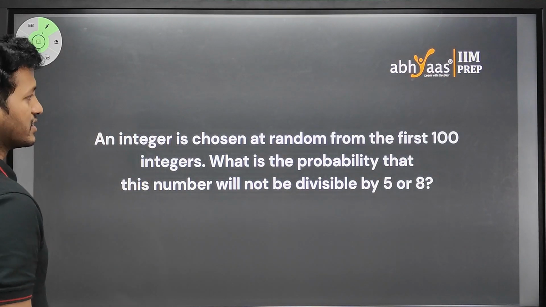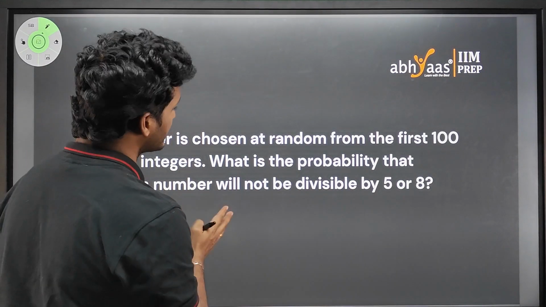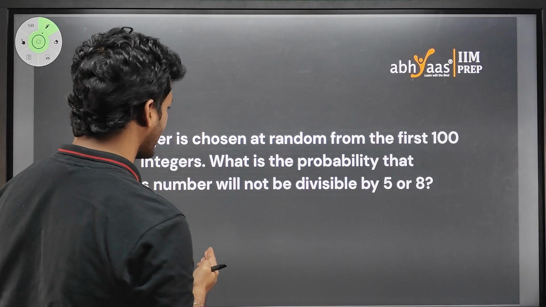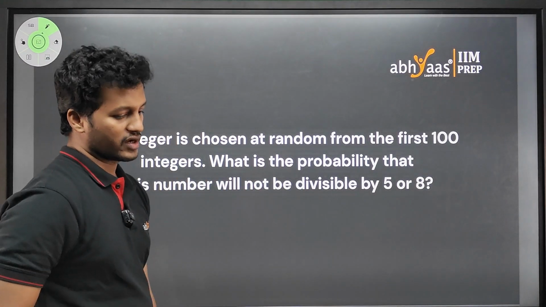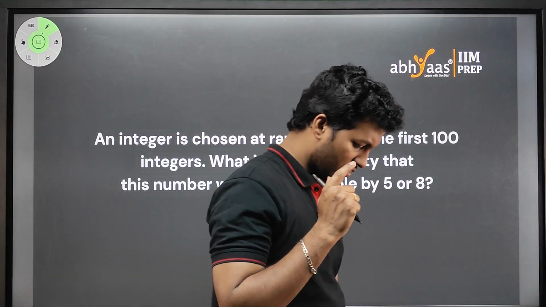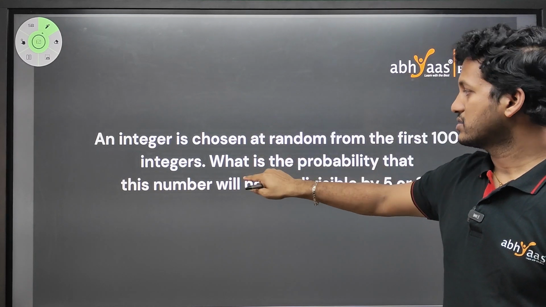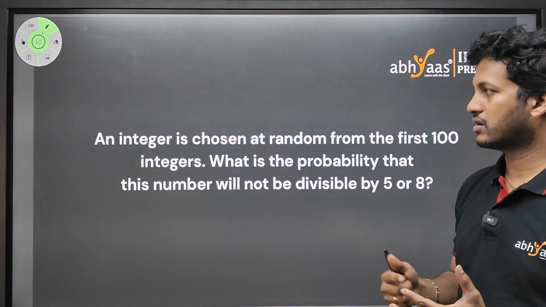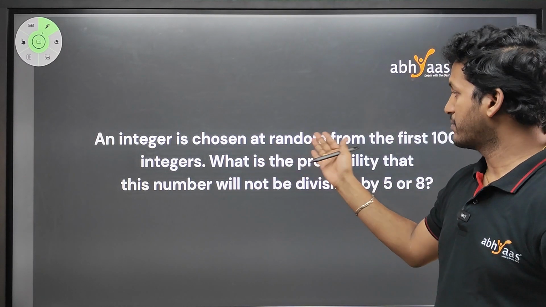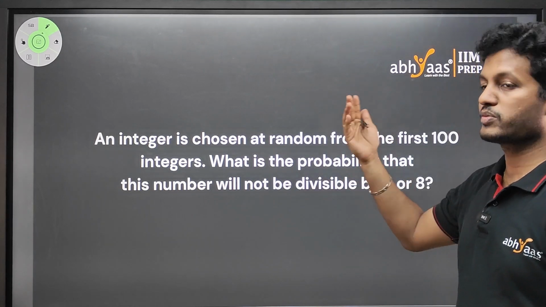An integer is chosen at random from the first 100 integers. What is the probability that this number will not be divisible by 5 or 8? Here we cannot just count the numbers that are not divisible by 5 and 8.